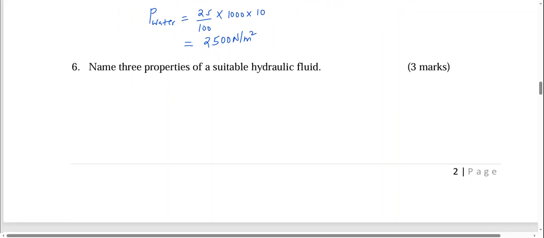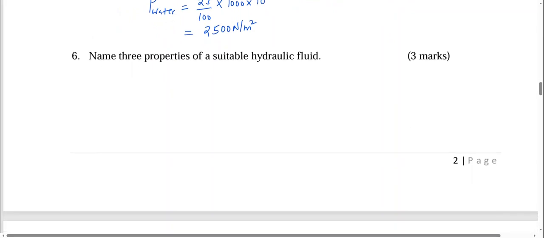Name 3 properties of a suitable hydraulic fluid. Remember, hydraulic fluid, these are fluid which is used in hydraulic machines. For example, hydraulic brake system. Therefore, this liquid should have the following properties. Property number 1, the liquid should be incompressible.